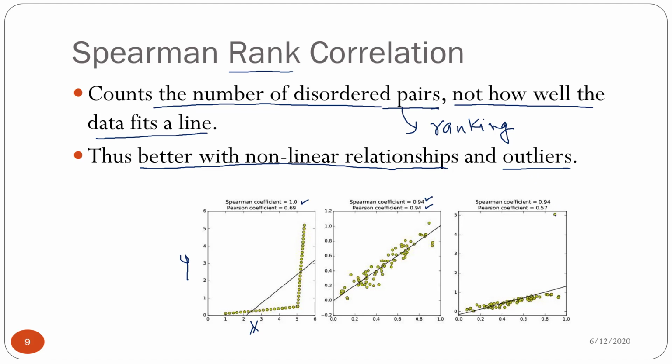Here we have an outlier, you can see right here, and Spearman is not susceptible to outliers. Spearman rank correlation is stable with outliers, whereas with Pearson's coefficient you can have a problem, and that's what is reflected by these values also. So even for outliers and for non-linear relationships between the data, we should go with Spearman rank correlation.